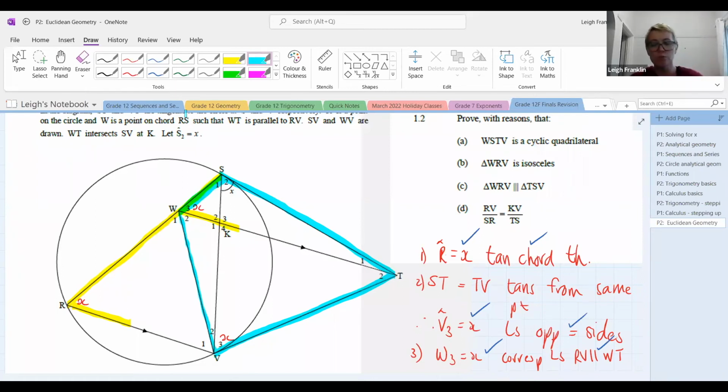Now what I want you to do is put your fingers at S and T. From S and T, go to W3, then go back to S and T, and from S and T, go to V3. Can you see that both V3 and W3 equal X?